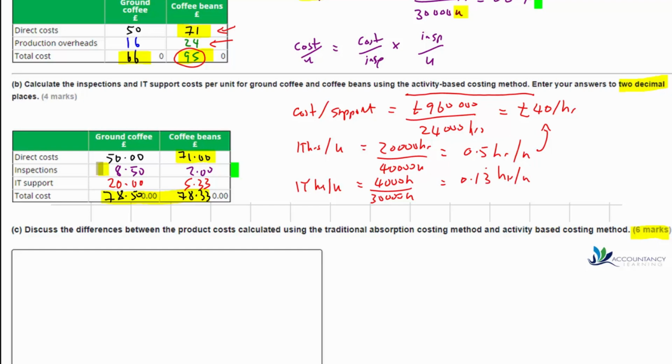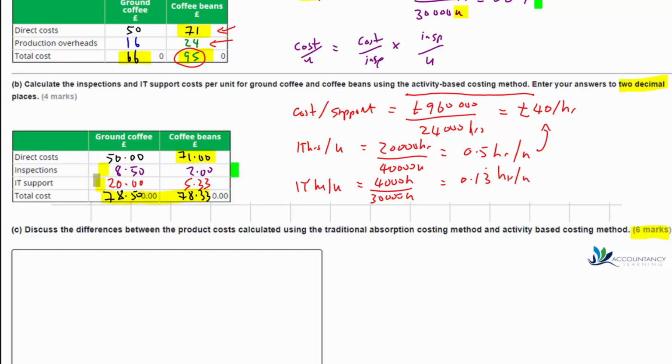And because the ground coffee is much more robotic and requires much more IT support, then yes, we are including £20 per unit for a ground coffee, a higher proportion, because it's much more IT intensive.